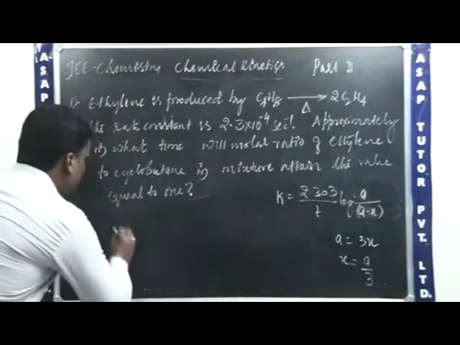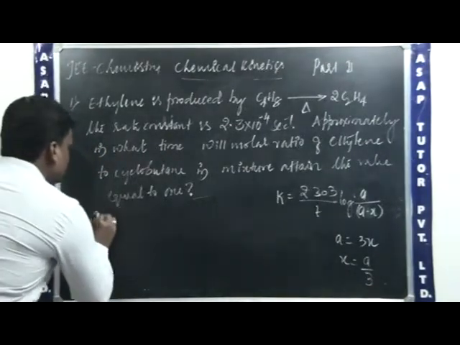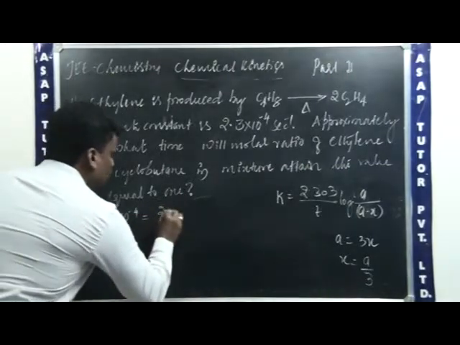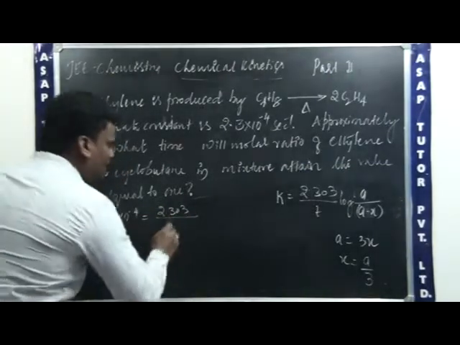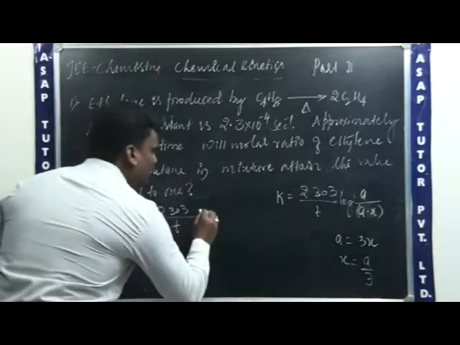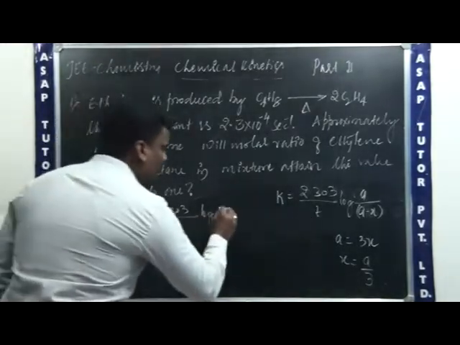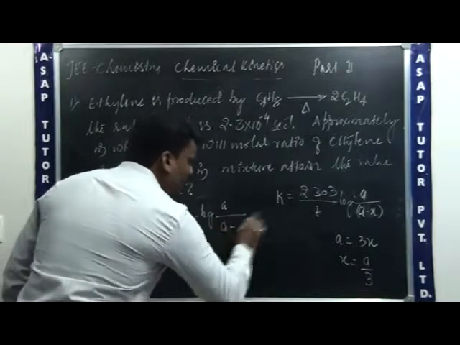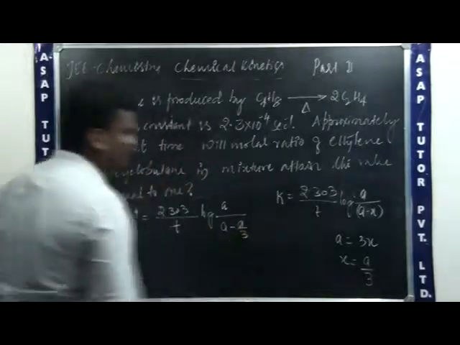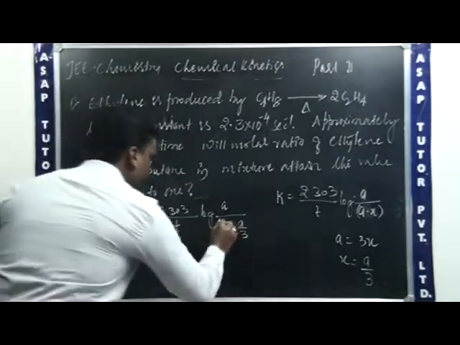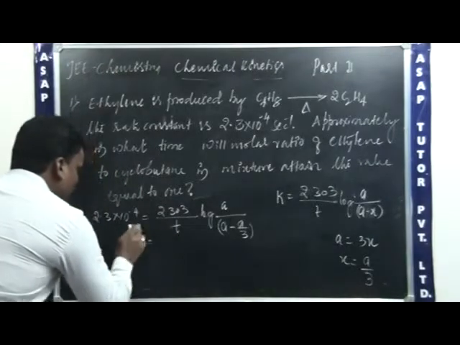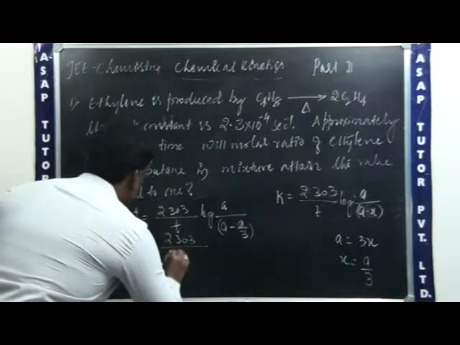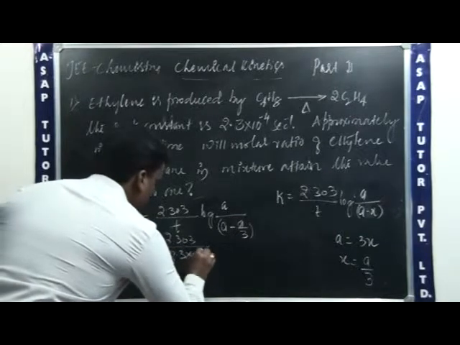Now I will substitute the K value, 2.3 into 10 to the power of minus 4 is equal to 2.303 divided by time, which you have to calculate, just keep it as it is. Now log of, what is the value of A? We don't know. A divided by A minus X, which is A divided by 3. Now we need to find the value of t. T is equal to 2.303 divided by 2.3 into 10 to the power of minus 4.